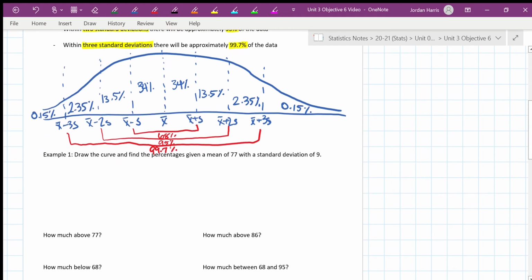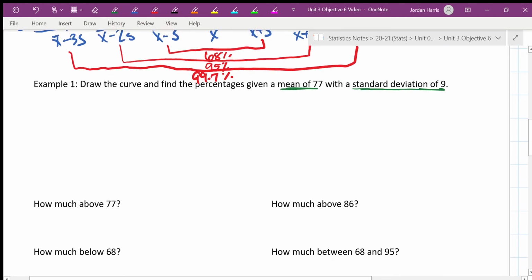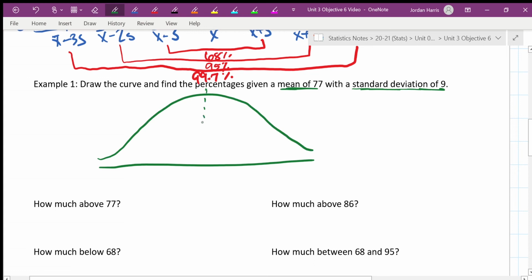All right, so example 1 says, draw a curve and find percentages given a mean of 77 with a standard deviation of 9. So we're going to find the percentages for these questions, but first we have to draw the curve. Mean of 77 means right in the middle is 77. As I go up, I need to go up 3 standard deviations. As I move up, I'm just going to add 9. So 86, 95, 104.